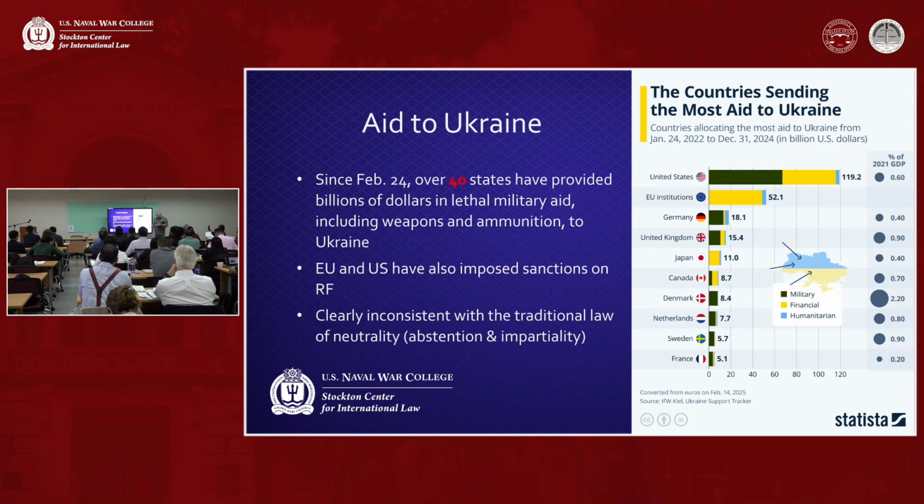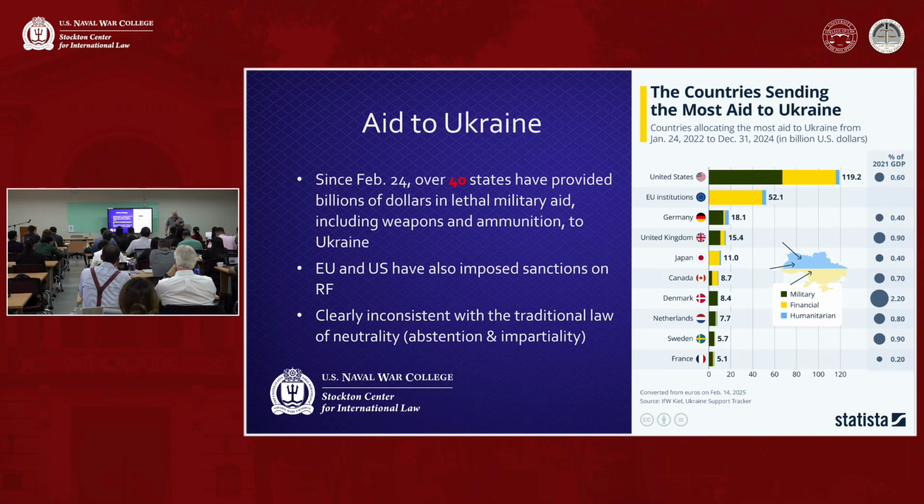So again, in my opinion, this is only as good as the belligerent will accept the fact that there's such a thing as qualified neutrality. Russia has indicated that if they so choose, they can exercise their right as a belligerent of self-help against these countries that are providing assistance to Ukraine in violation of the law of neutrality.